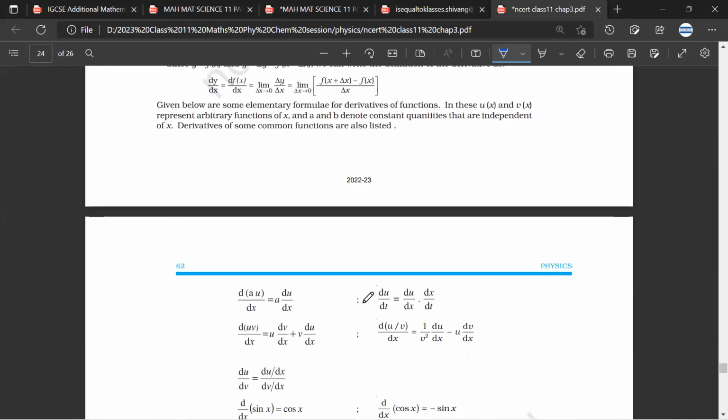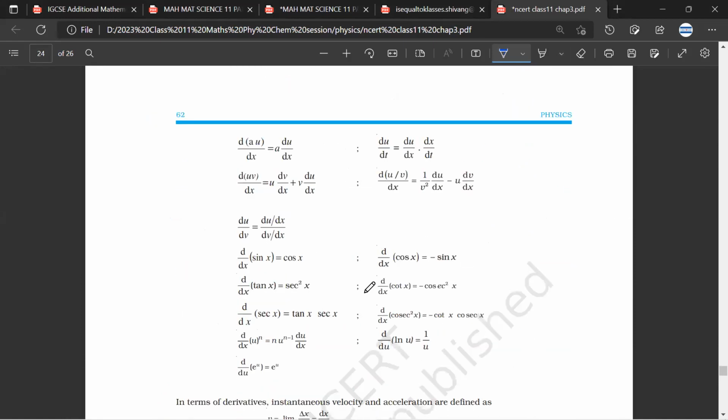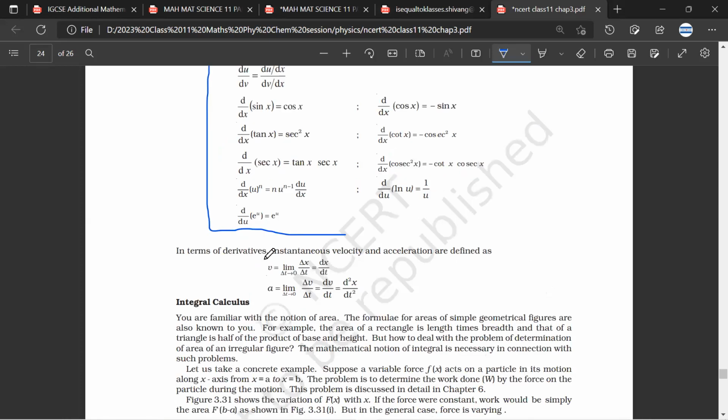And right now, in lecture number 3, these are the rules that we are discussing. Do you see these rules? Yeah. And you see, velocity is dx by dt, acceleration is dv by dt, d square x by dt square.